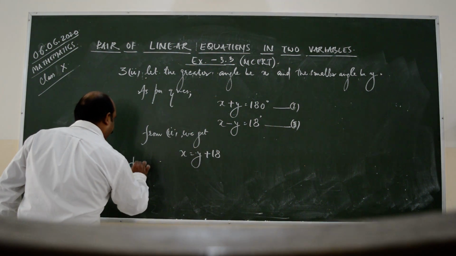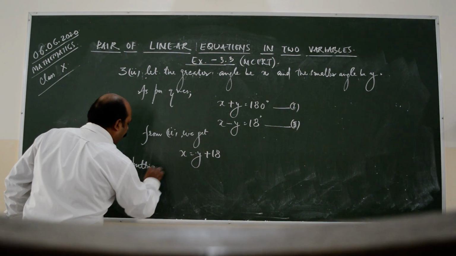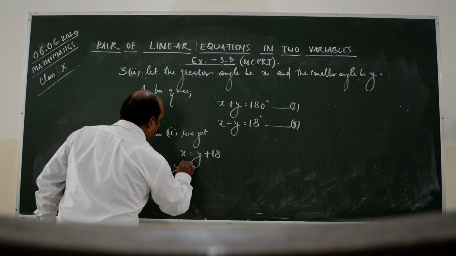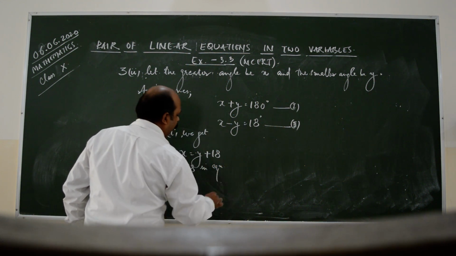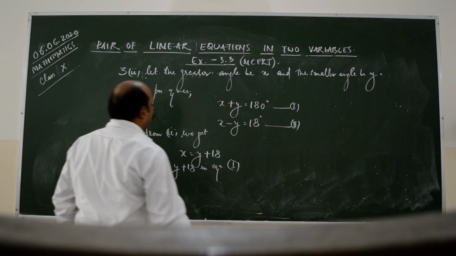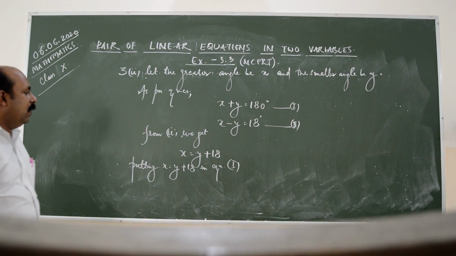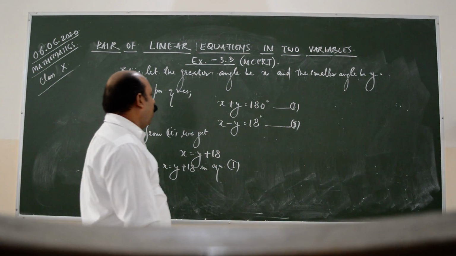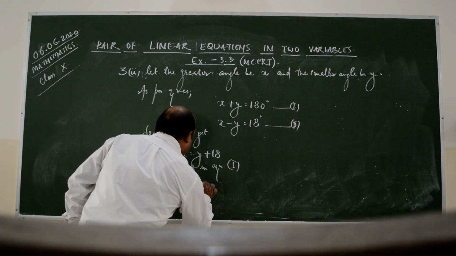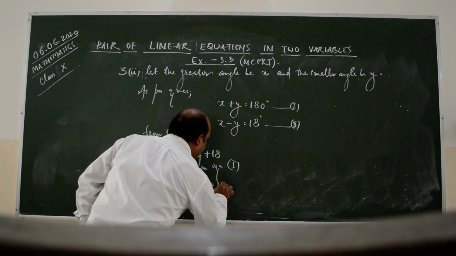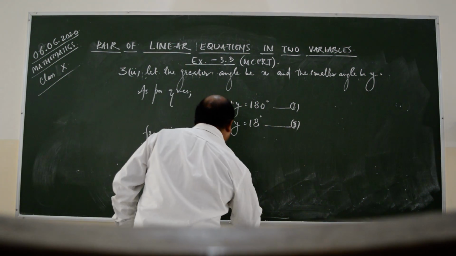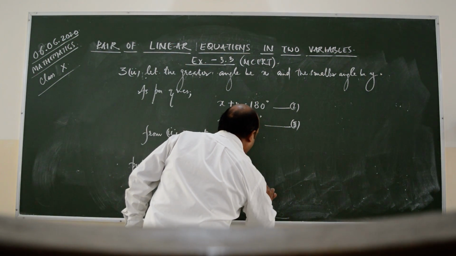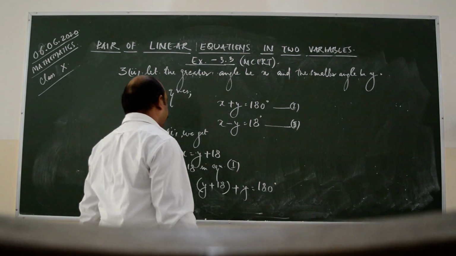Now putting x is equal to y plus 18 in equation 1, we get y plus 18 in place of x, plus y is equal to 180.